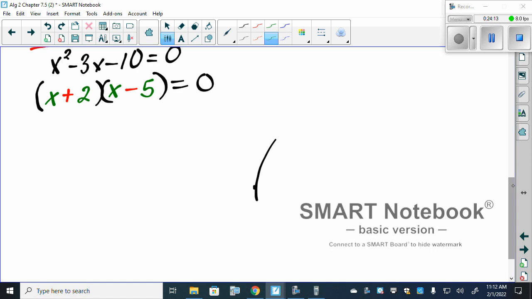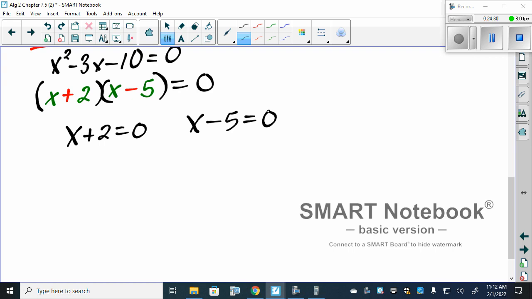I have a feeling at this point, y'all have either already worked it all the way out and found x, or can see what the values of x are at this point here. But we would need to set these equal to 0 because any two things multiplied together to equal 0 means one of them has to be 0. So you'd have x plus 2 is equal to 0 and x minus 5 is equal to 0.